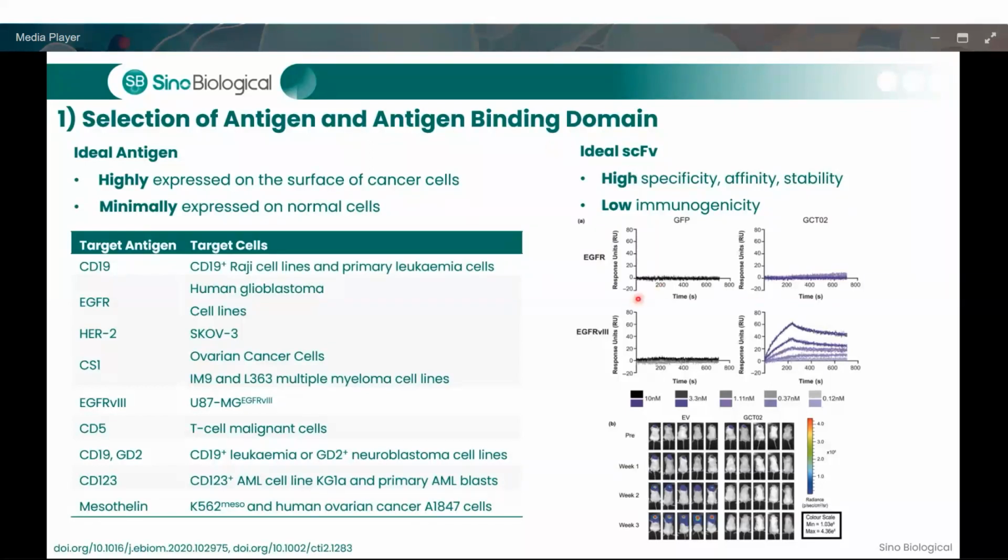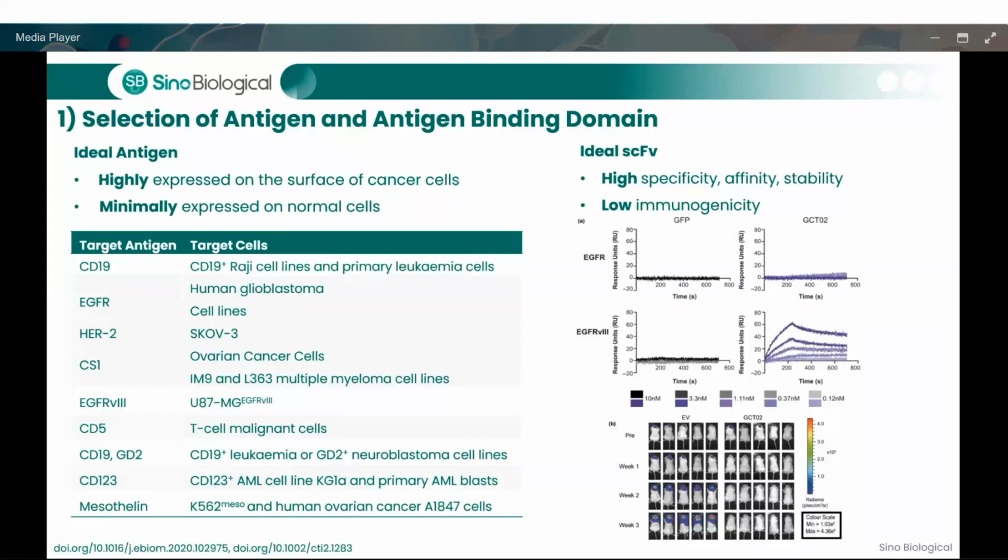Here is an example of the CAR T development for EGFR variant 3. Researchers used SPR to determine the affinity between the scFv and their target, EGFR variant 3.